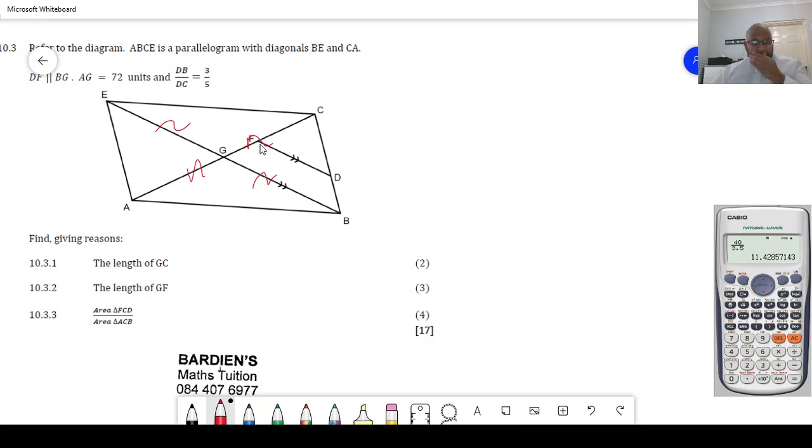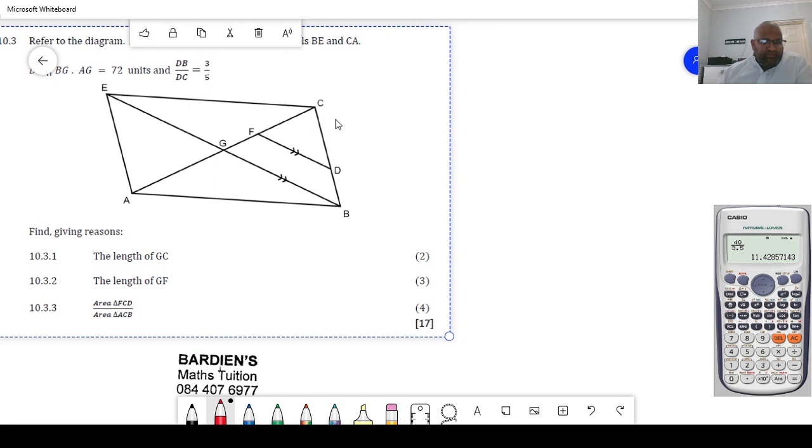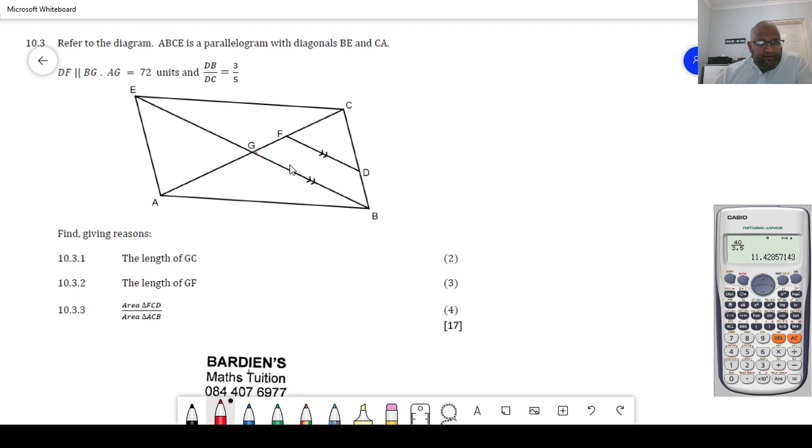Then we are told that FD is parallel to GB.